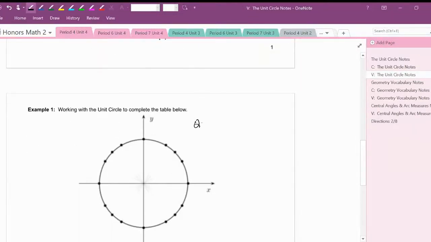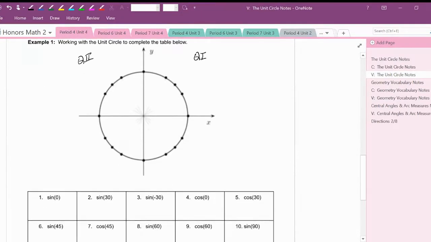Let's label our quadrants and our points here, 1, 0, 0, 1, -1, 0, and 0, -1.